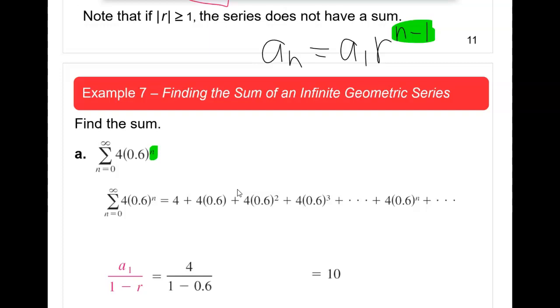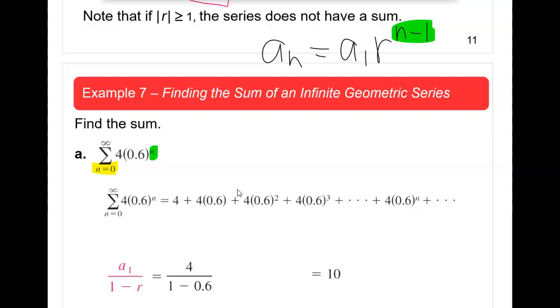So one way to correct that, so that it's still a geometric sequence, is just to start our index at 0. And remember, I believe it was section 9.1, the introduction to sequences and series.